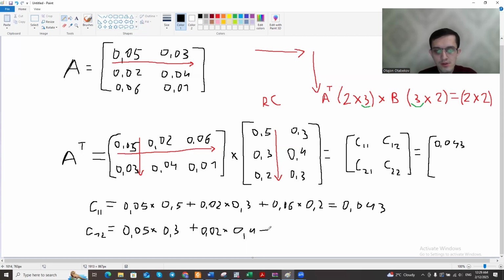Then again plus. I will take the third one, 0.06, and multiply it by the third element of the second column of the matrix B, which is 0.3.